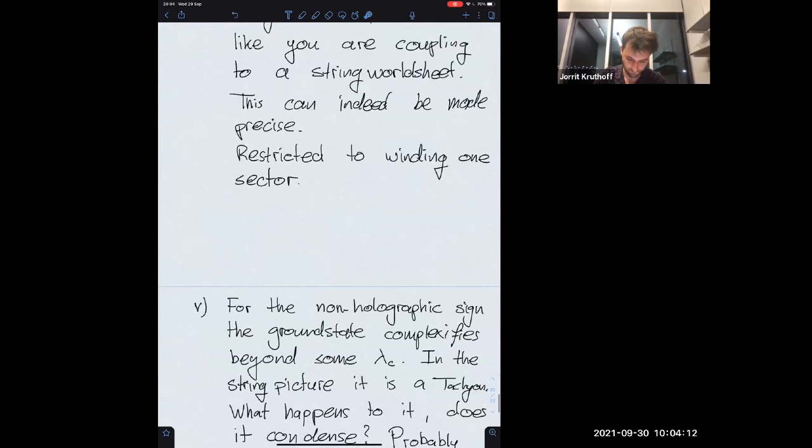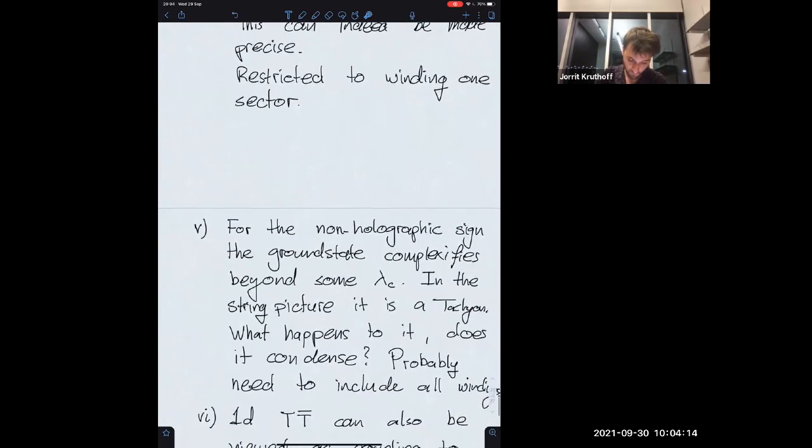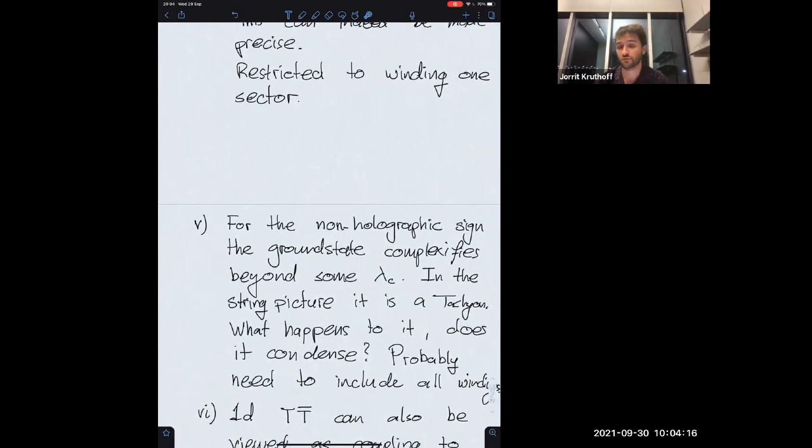What happens after I tune lambda too big? Does this tachyon condense, or is this theory really unsensible? Or can we add some simple ingredients to make it more well defined beyond that critical value of lambda?